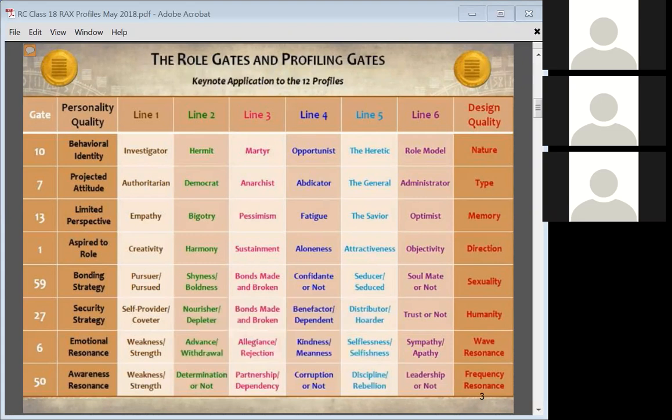One thing I will say: I have nine 2s in my gate imprinting, and in some of the Rave I Ching descriptions, if you want to feel like you've got one of the worst designs on the planet, have a lot of 2s and read without knowing what it means.